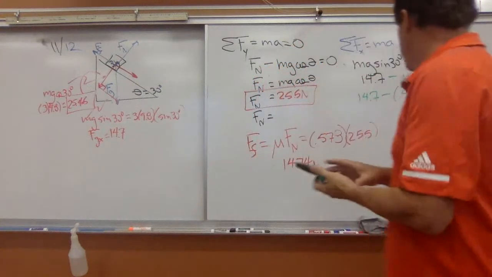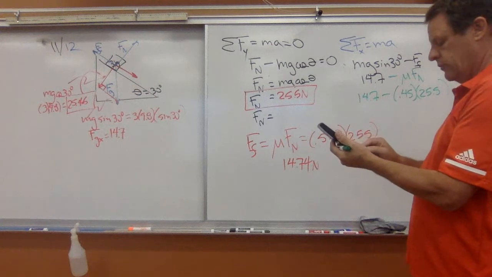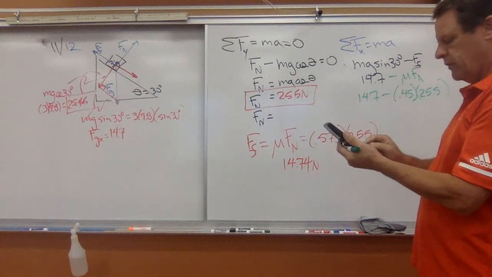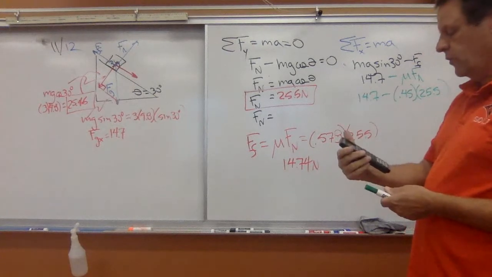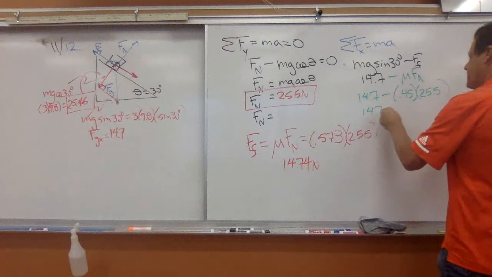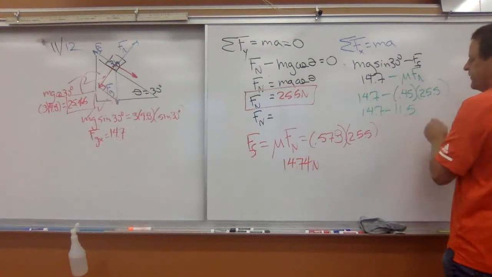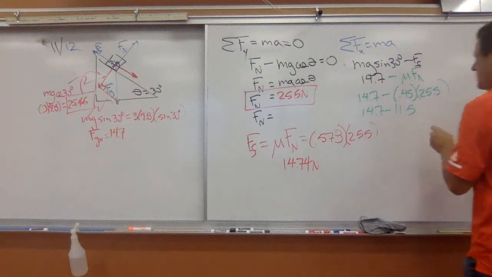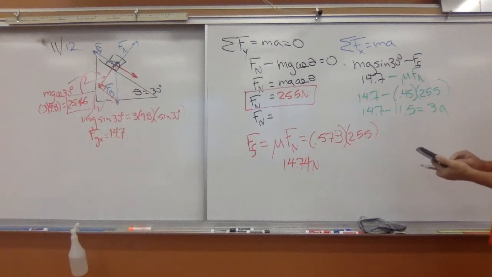And when we calculate that, 0.45 times 25.5 gives us 11.475. We'll call that 11.5. And that's going to equal 3a.